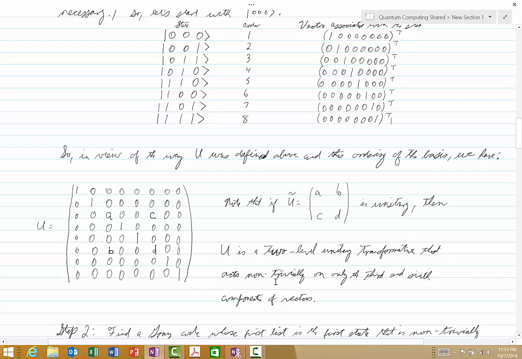U acts non-trivially only on the third and sixth components of vectors. And I should say here, the overall matrix U will be unitary provided that U tilde, which is these symbolic terms A, C, B, and D that I've grouped together, is unitary.